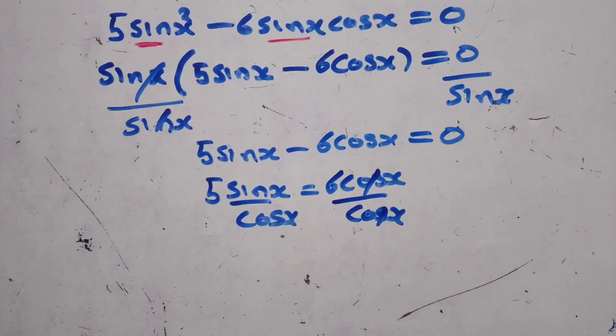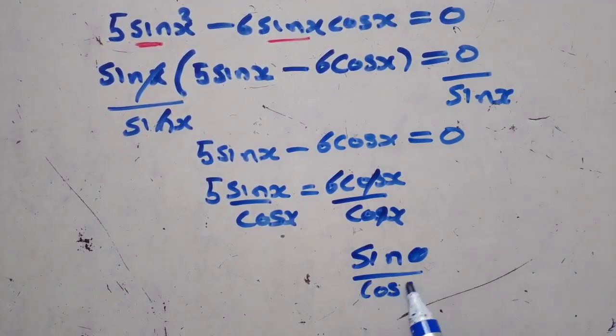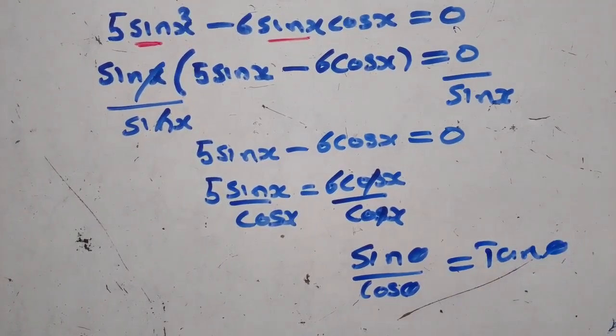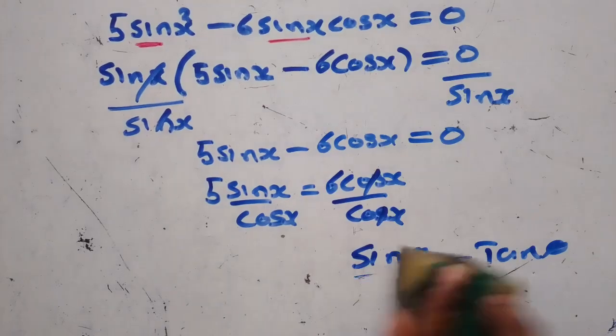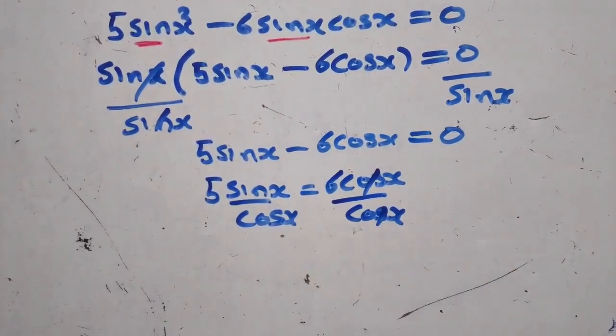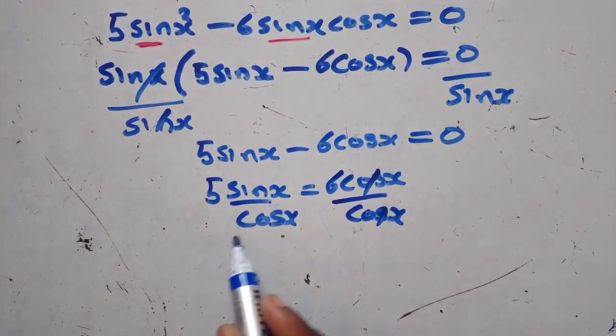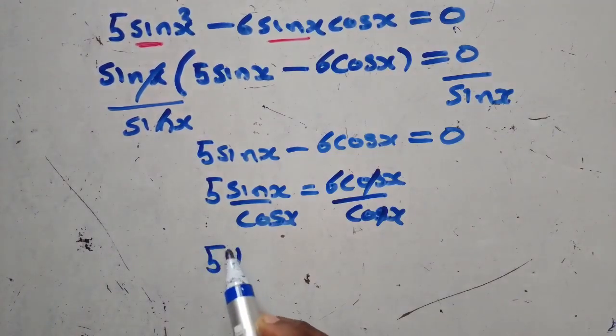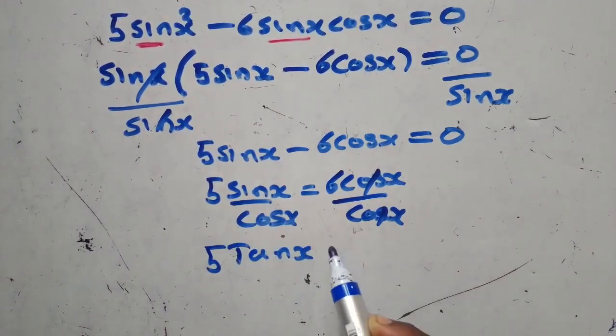You and I know that under trig ratios, sine theta over cos theta gives you tan theta. So this was just to give you a clear understanding. I said that sine x over cos x is the same as tan x, so here we have 5 tan x is equal to 6.